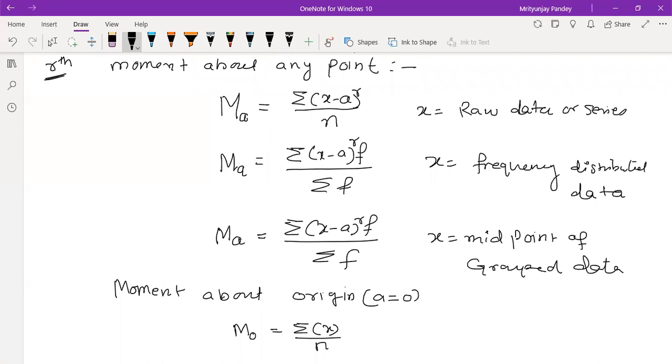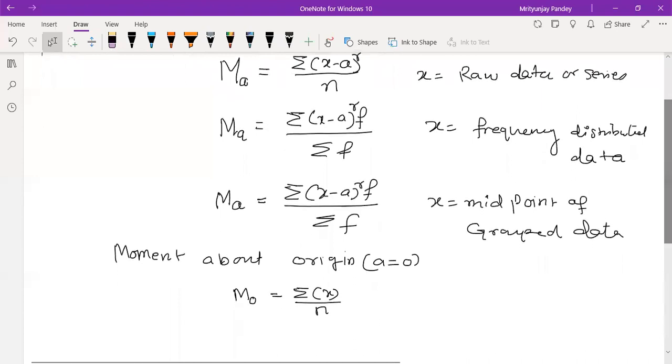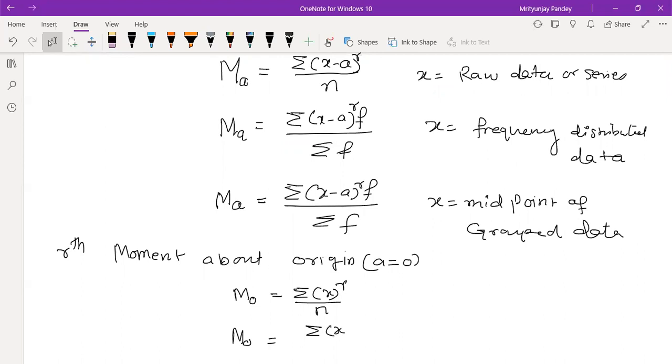Only moment about any point, then x minus a divided by n. But rth moment, then power should be r. Similarly, rth moment about origin, so that is power r. Second formula, summation of x raised to r into f divided by summation of f.